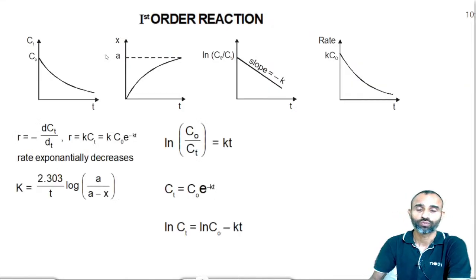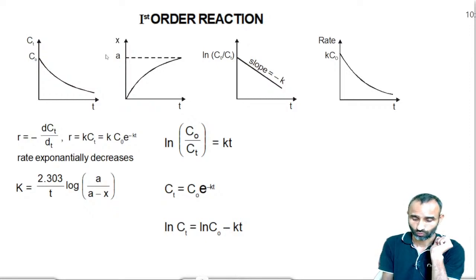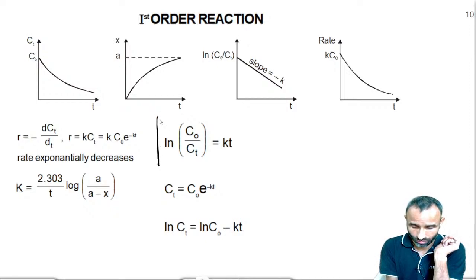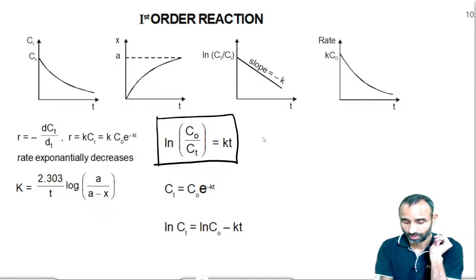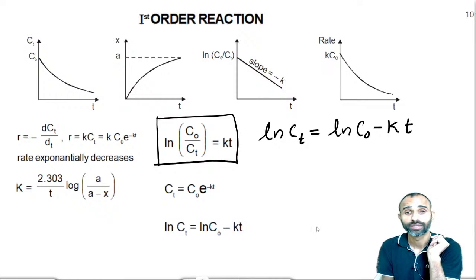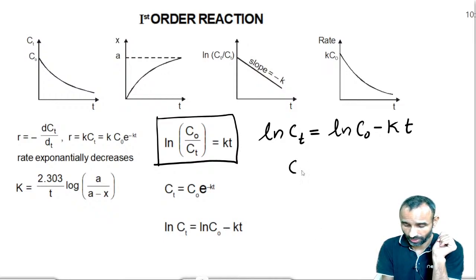Now in case of first order reaction, this is the relation: natural log of Ct equal to natural log of C naught minus kt. It is on a similar line as zero order.